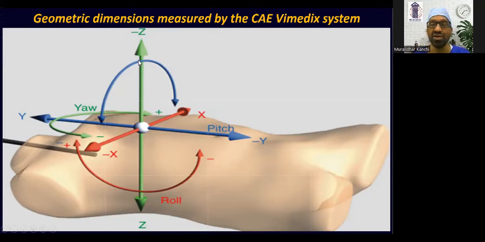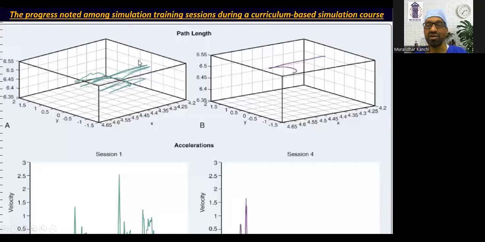This can be depicted graphically as the trainee is attempting to move the probe, whether he is making multiple attempts or is able to achieve the final position with a single attempt.